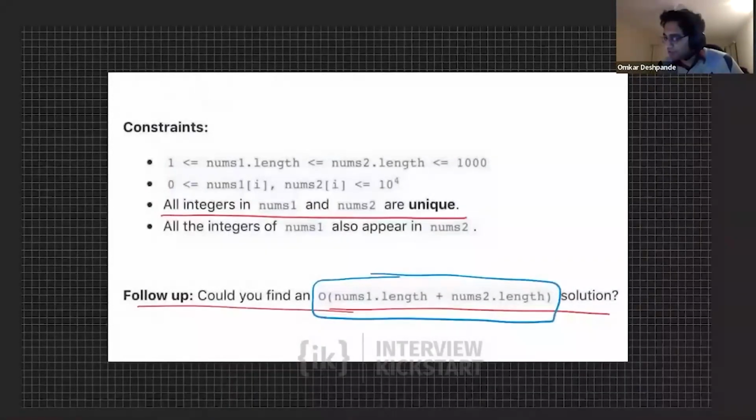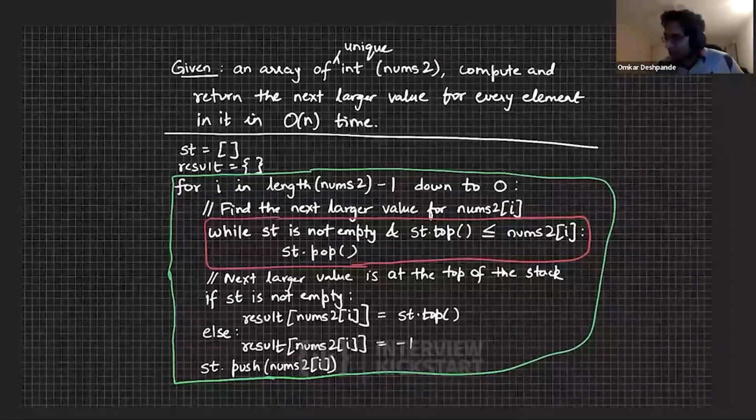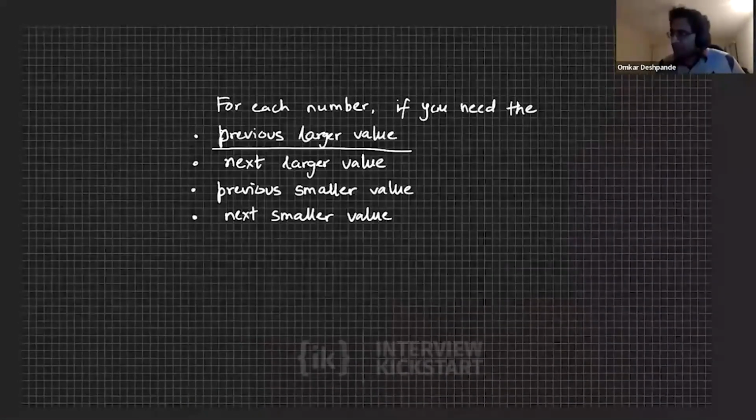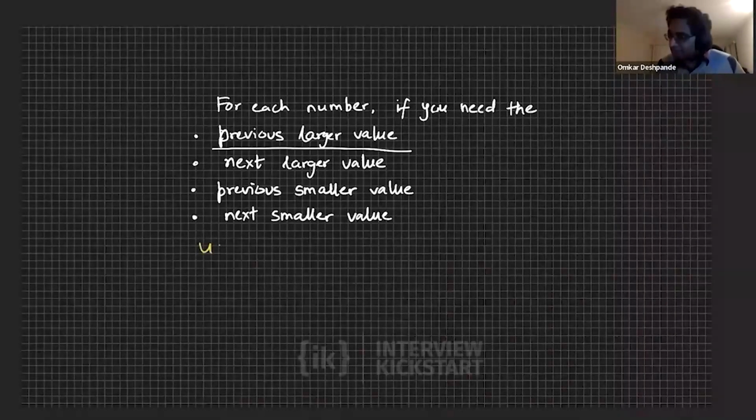So the follow-up asks you to do it in linear time, and how do you know we should use a monotonic stack? This is the claim.